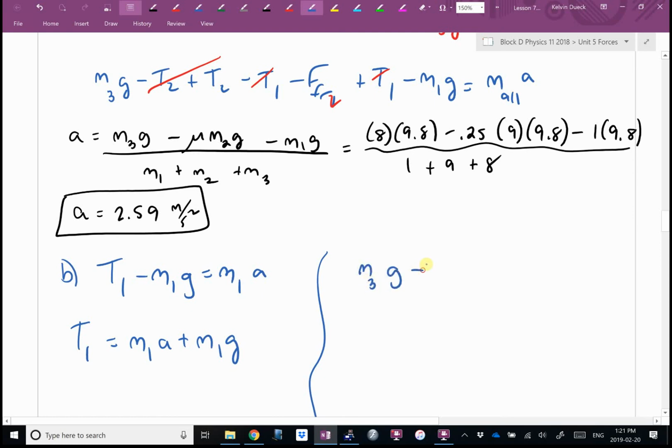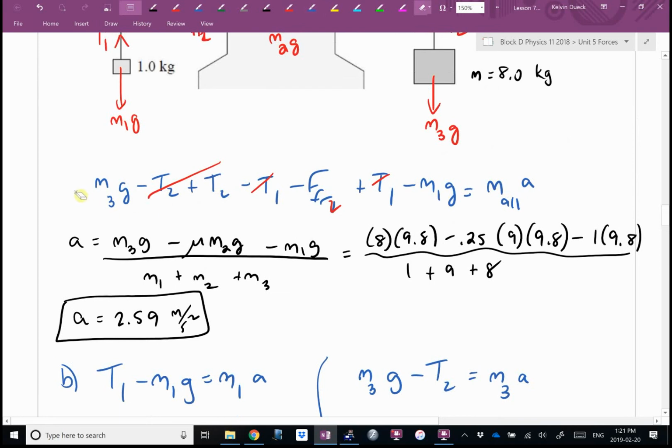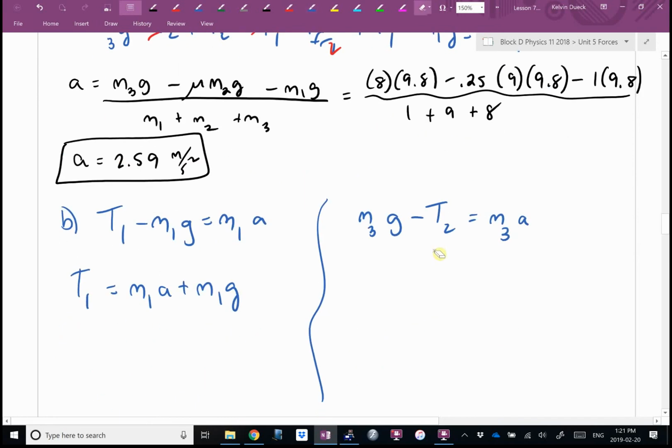Which tension? Yeah, it's important. What's that going to equal? Which M? M3, because we're only looking at mass 3, so it's only going to be mass 3. Here, it was M all, because we had forces from all. How would you get the T by itself here? Swappy dance. So we're going to get tension 2 equals M3G minus M3A.